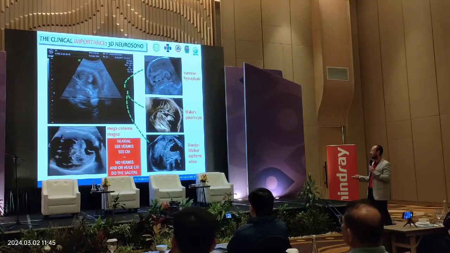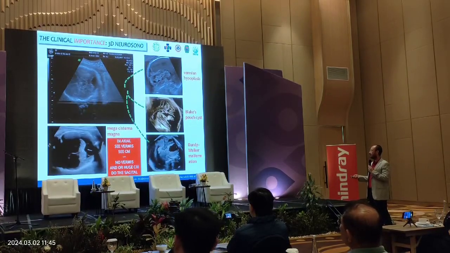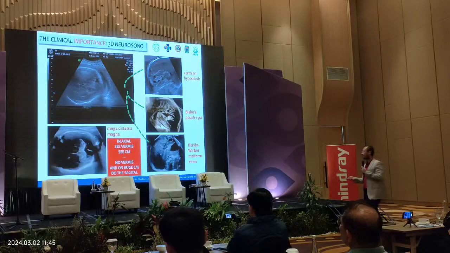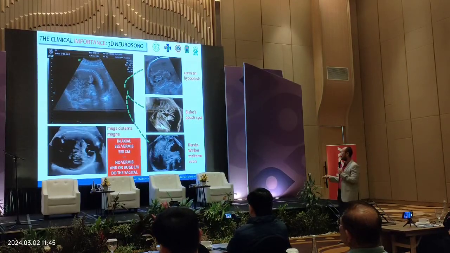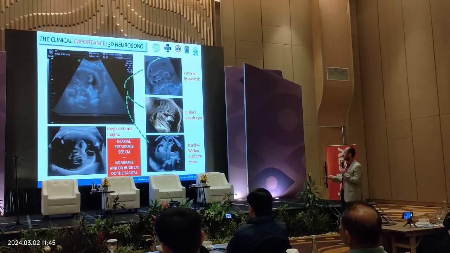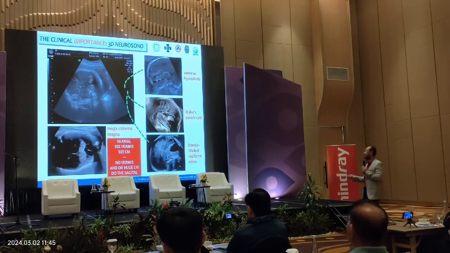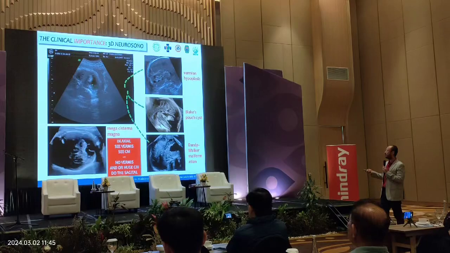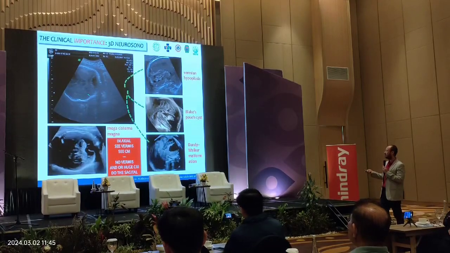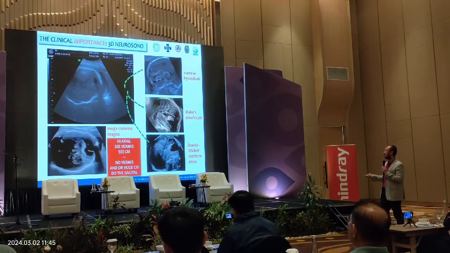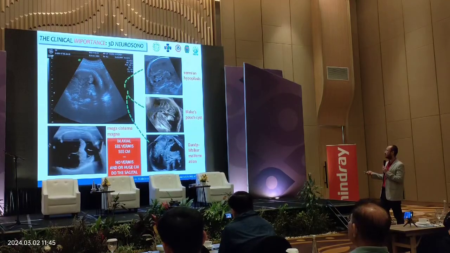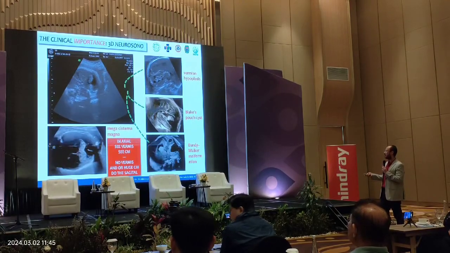Here we can see the vermis, but in this picture, we can see in the posterior the cisterna magna is very large, but in here it is also very large without the vermis. How can we differentiate the diagnosis? By doing the sagittal.